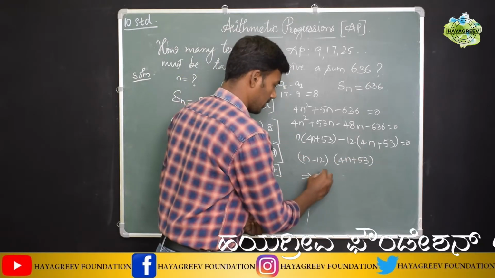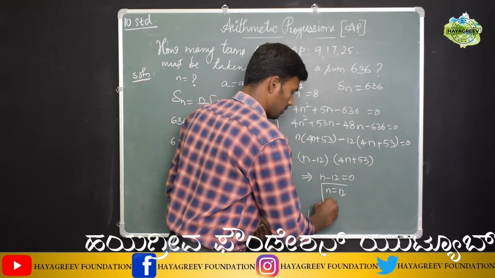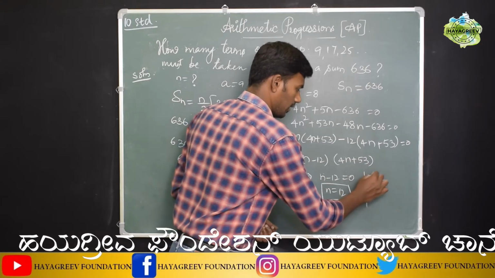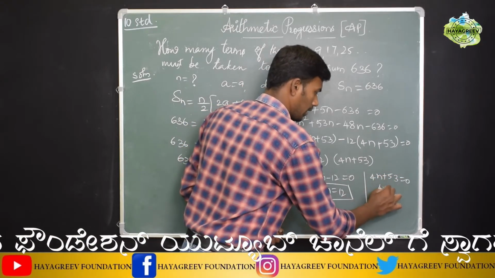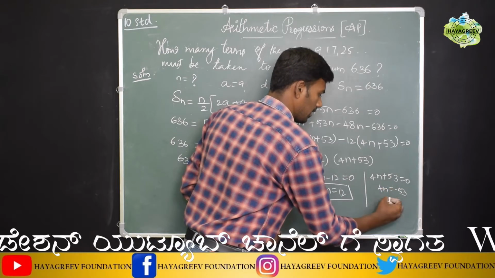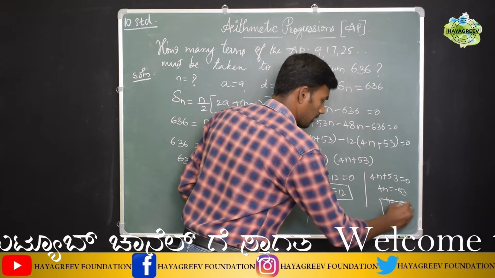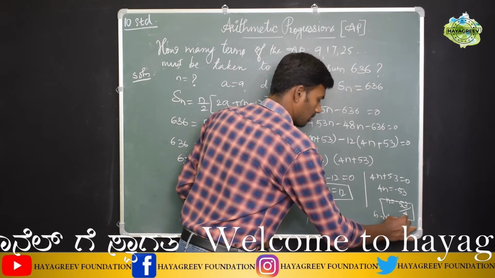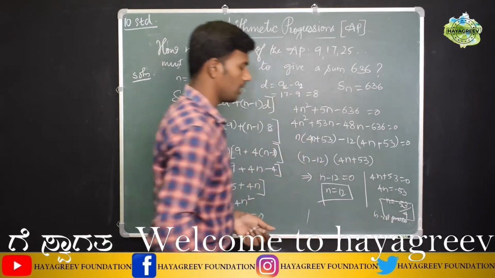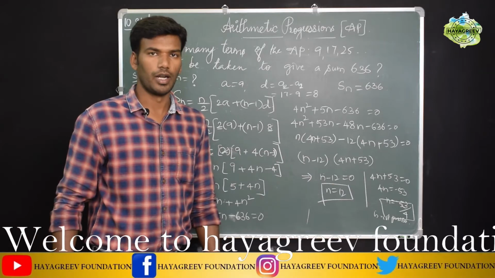That implies n minus 12 is equal to 0, n is equal to 12, and 4n plus 53 is equal to 0, 4n is equal to minus 53, then n is equal to minus 53 by 4, which is not possible as n cannot be negative.